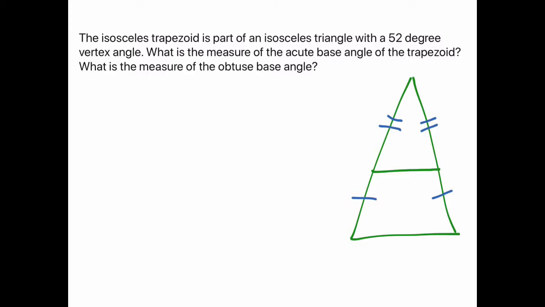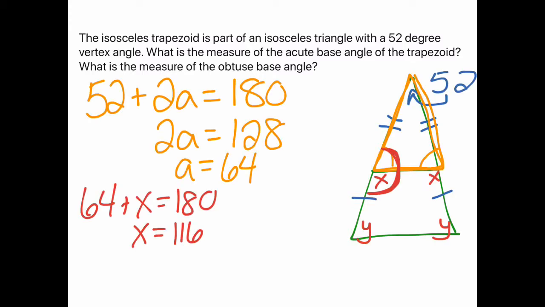So to solve for x here, remember that 64 degrees plus x is going to need to equal 180 degrees because they form a line. So one of the angles is 116 degrees, and because that's greater than 90, this is the obtuse angle of that trapezoid. And then remember that the whole thing is also an isosceles triangle.